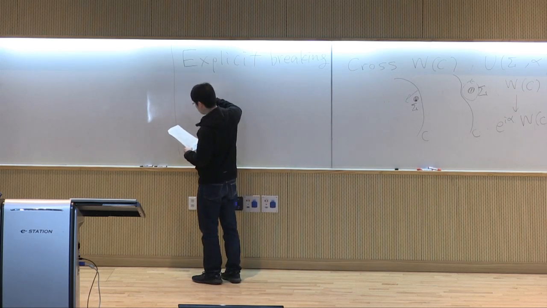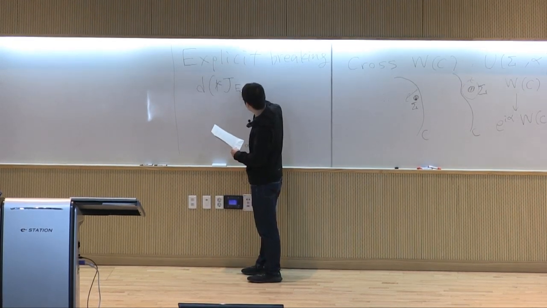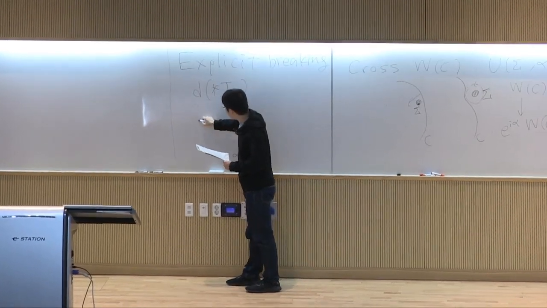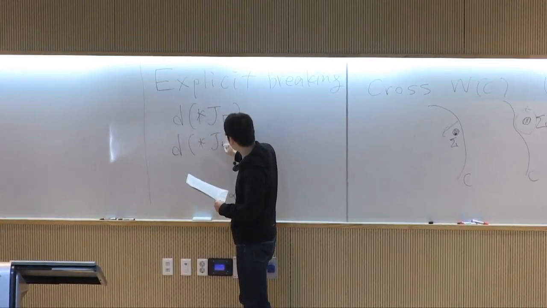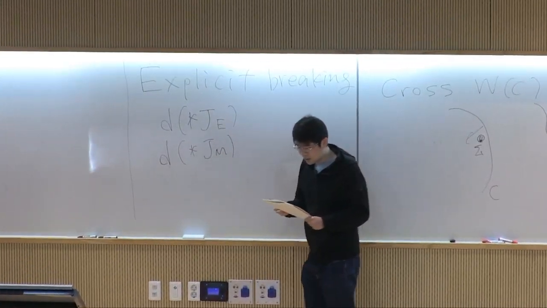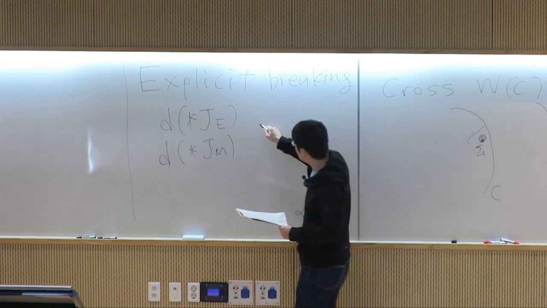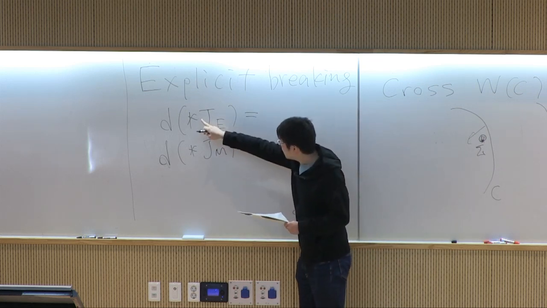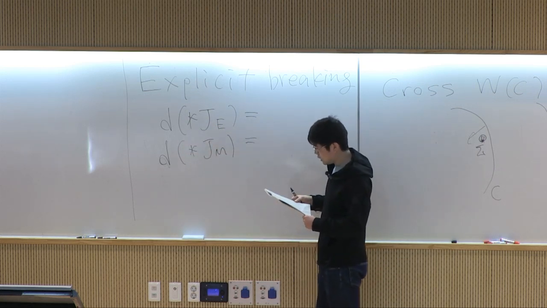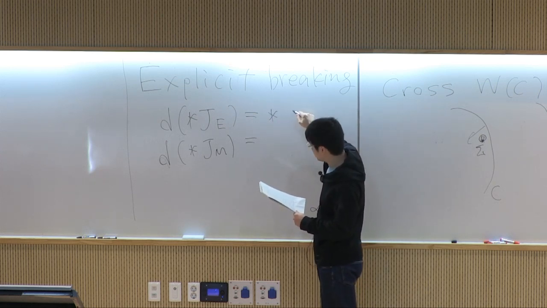The reason is very simple. The conservation equations of the electric one-form symmetry current and magnetic one-form symmetry current are just the free Maxwell equations. But if we introduce charged particles, then the exterior derivative of these currents is no longer zero. We have non-zero contributions.